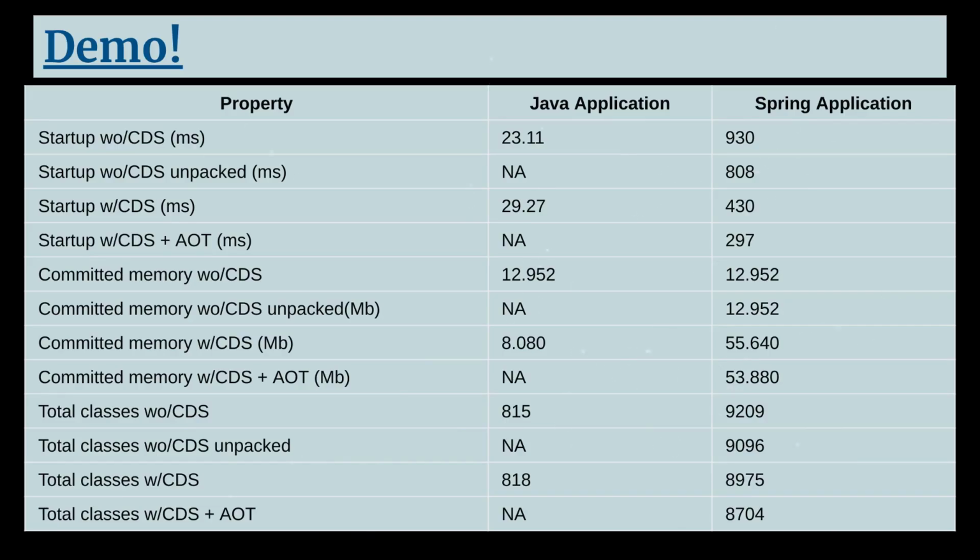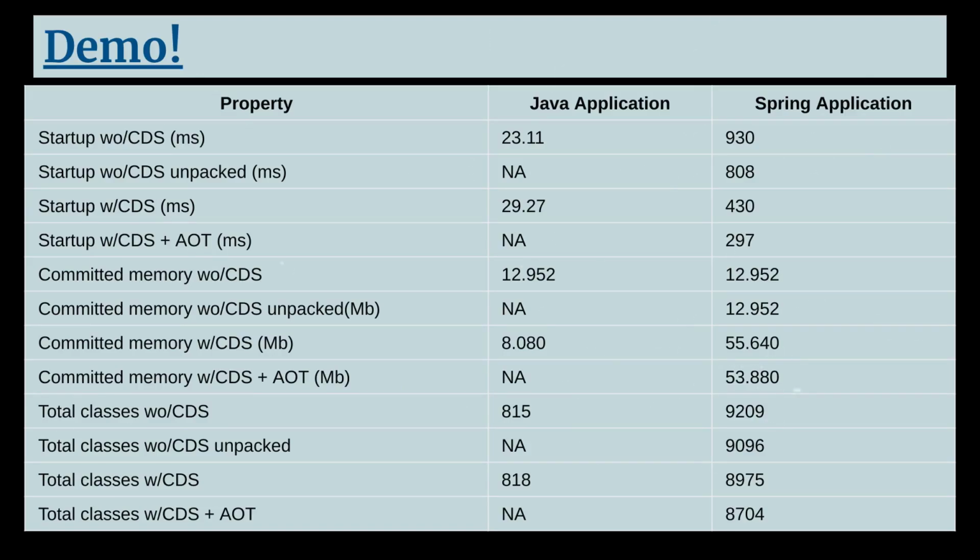In the first case, we started our Spring Boot application without CDS. And without CDS, it took 930 milliseconds to start, which is about 1 second. Then we tried to start our application in its unpacked version. It started then in 808 milliseconds, which was already an improvement.